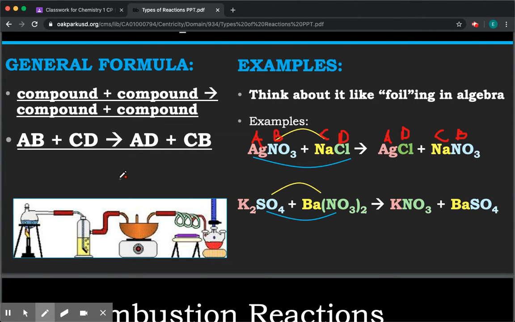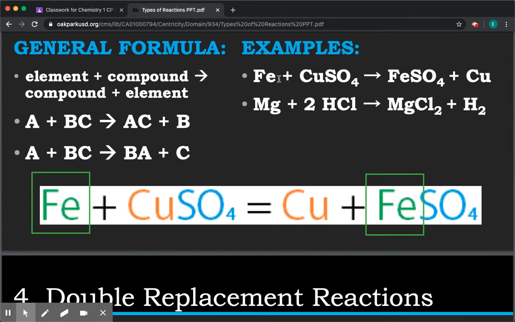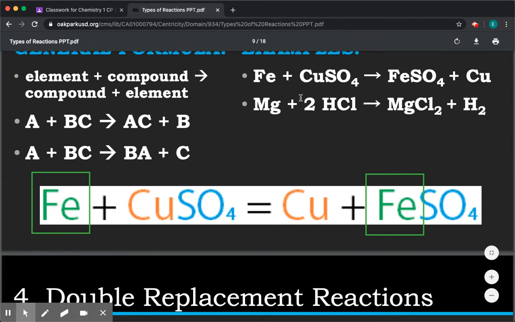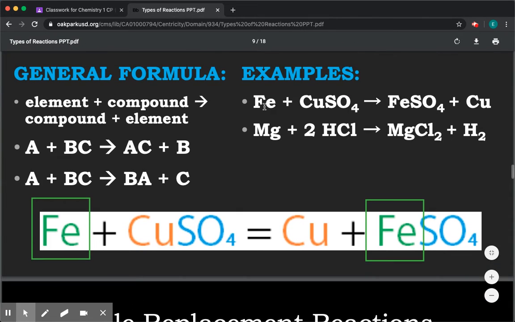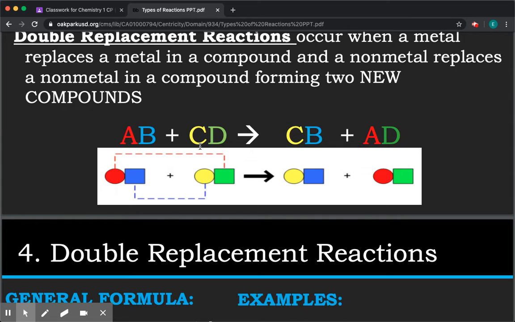All that's happening in double replacement is they trade partners. Okay, in single replacement, you have somebody swooping in and kicking somebody out. Okay. And in double replacement, everybody already has a partner. They just decided to trade partners.